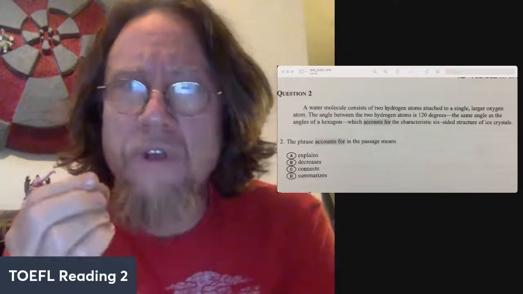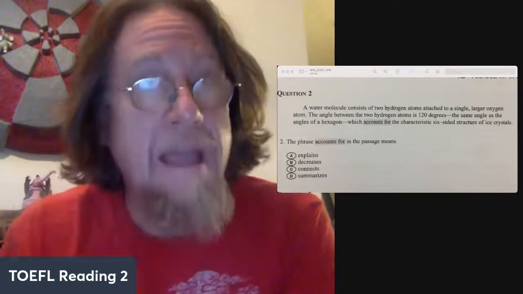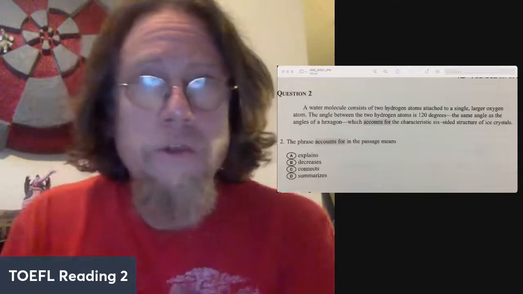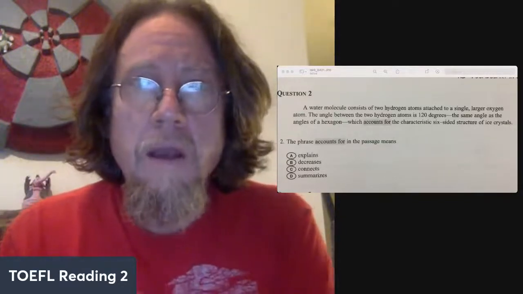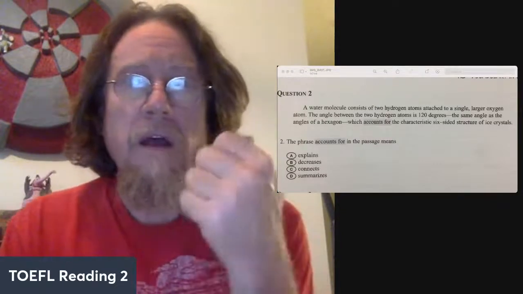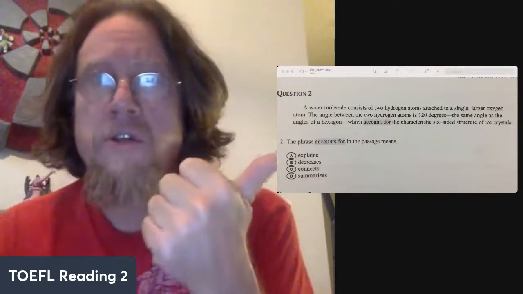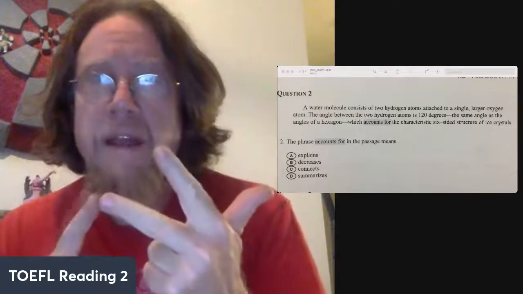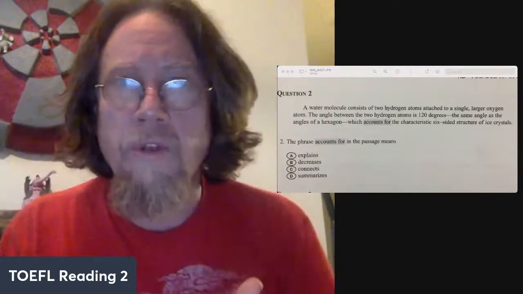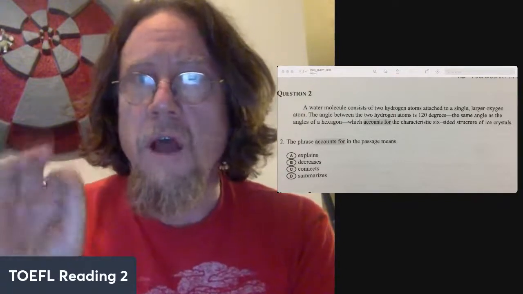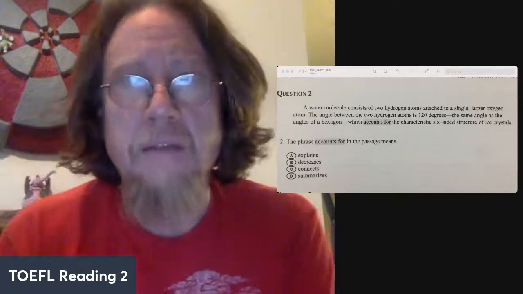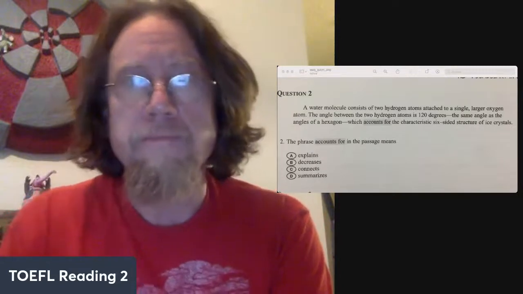You don't always have to know that to understand the meaning of accounts for. You can understand that by the context of the sentence. Context means the conditions or situation or setting around the word. Read the whole sentence to understand the context of accounts for.